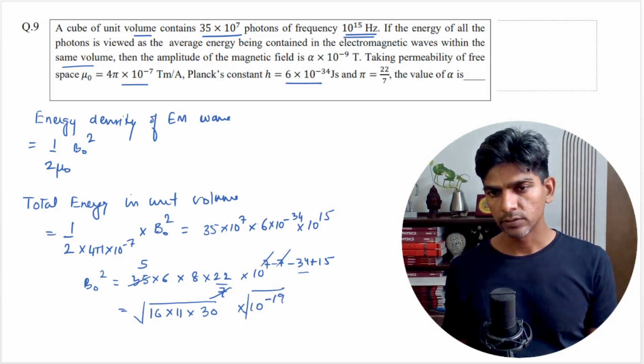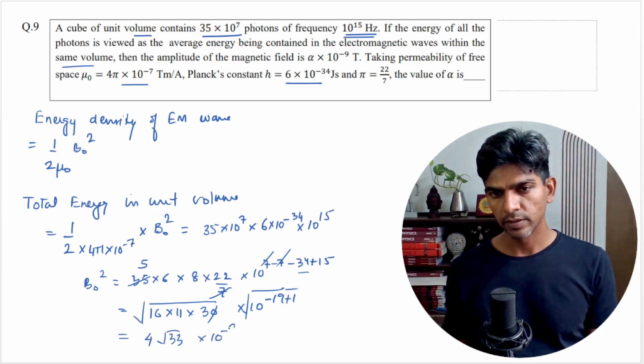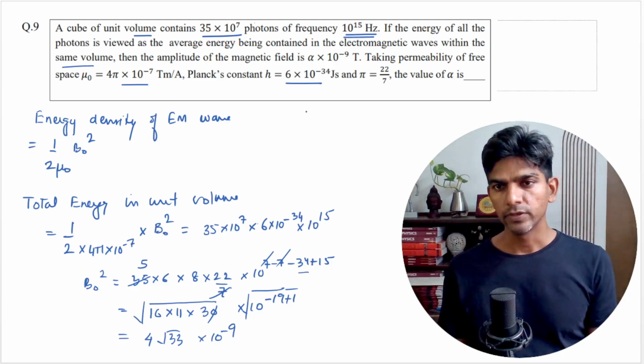So let me take this, so this can be written as plus 1. So it will be 4 root 33 times 10 raised to power minus 9. So alpha will be 4 times root 33.